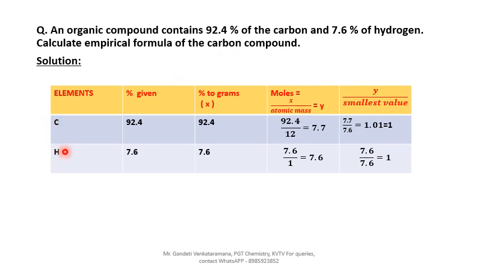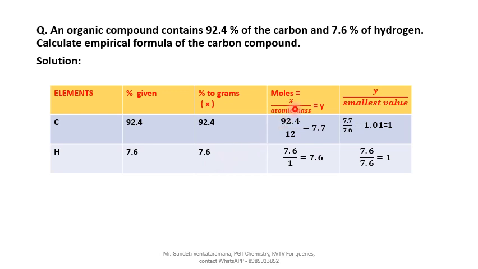Are you okay? Next, percentage given 92.4%, 7.6%. Next step, conversion of the percentage to grams. So 92.4% becomes 92.4 grams and 7.6 becomes 7.6 grams as it is, there is no change, because we are taking the starting material as 100 grams for our convenience only.